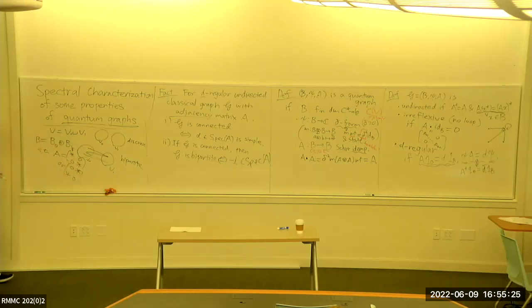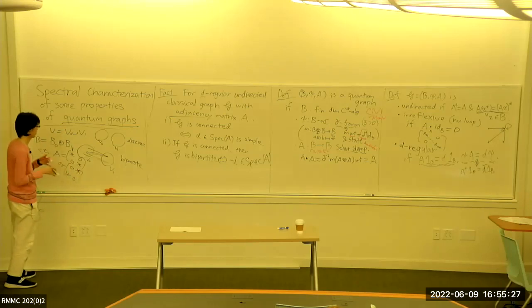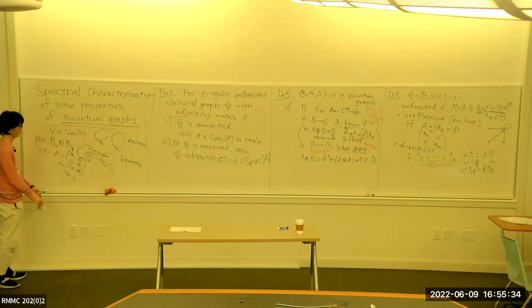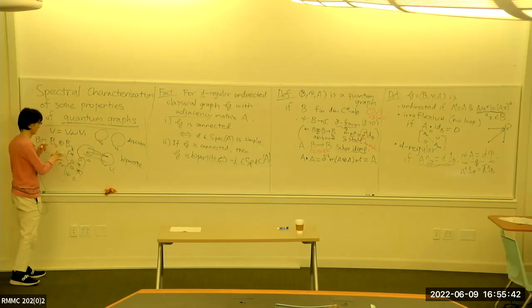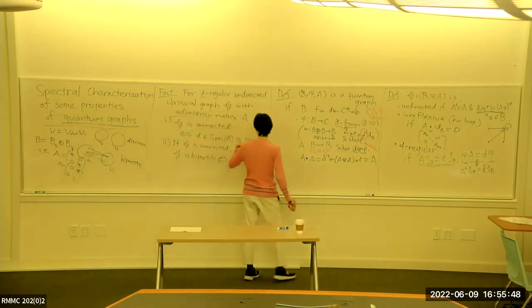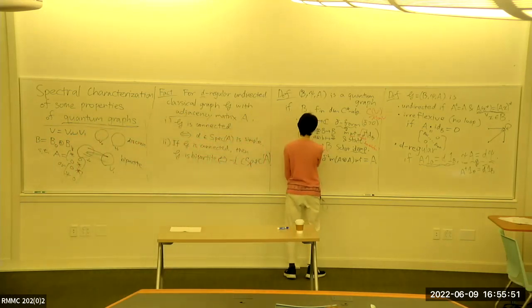But investigating a concrete example for quantum graphs on M2, such a definition is found to be not well behaved. Such a definition does not work well. So we have to find another definition for connectedness and bipartiteness.